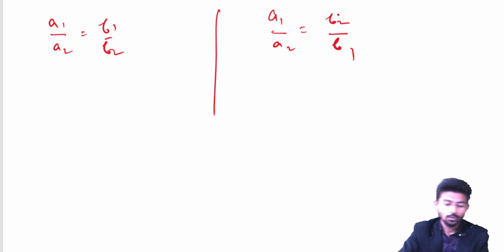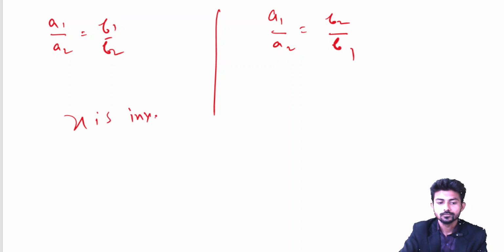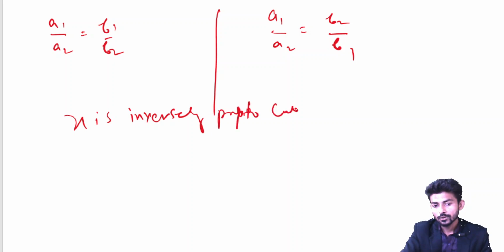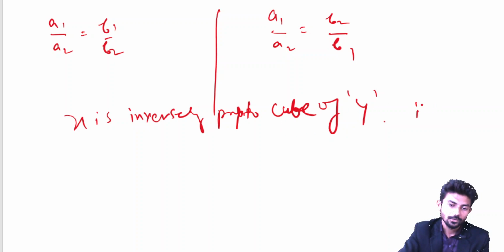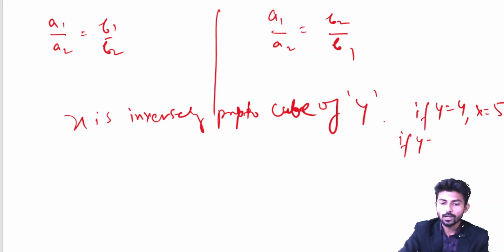Okay, so for the reverse one again, if they say that x is inversely proportional to the cube of y, and if y is 4, x is 5. So if y is 6, what would be x?